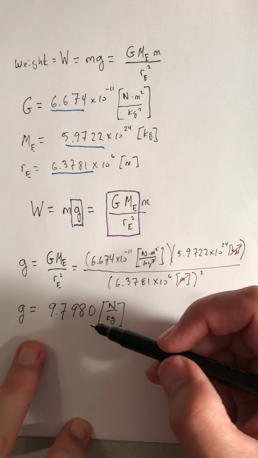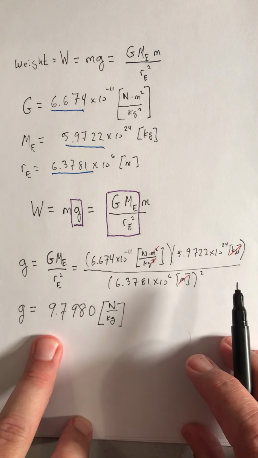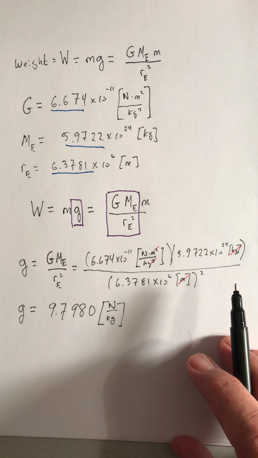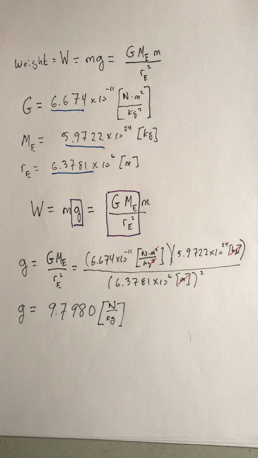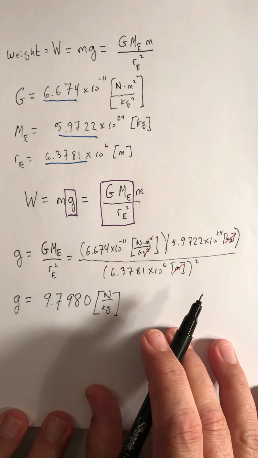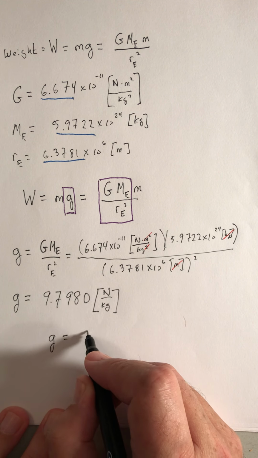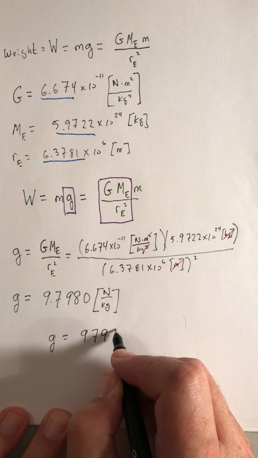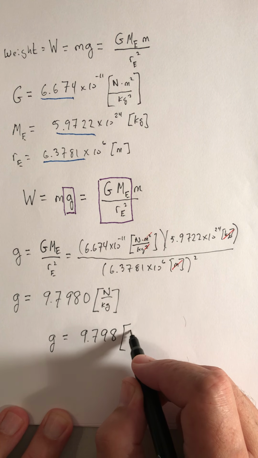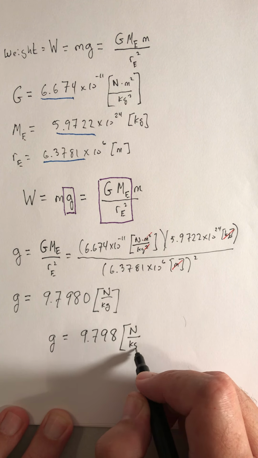So this answer for little g can't be more precise than having 4 significant digits. So what I should write out as my answer is that little g is 9.798 newtons per kilogram.